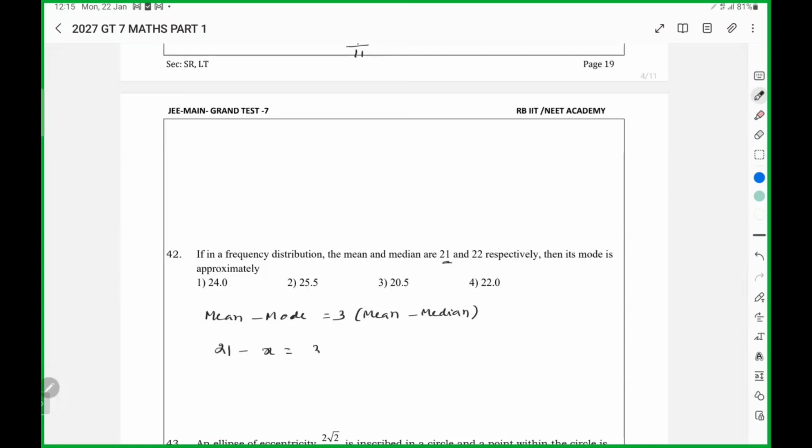The median we don't know. The median is 22. So here it is minus 3, and x is 24.